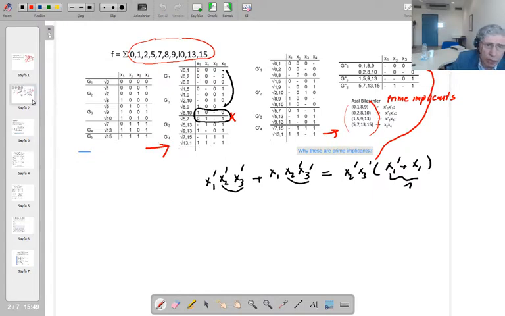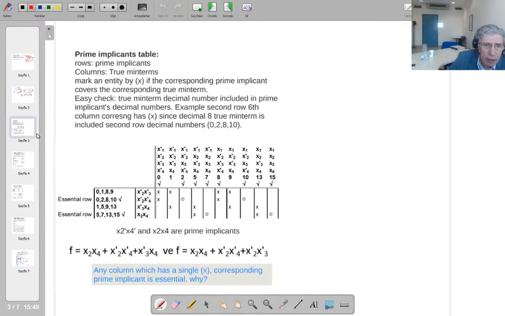Let's go a bit further now. So we found the prime implicants. How are we going to find the essential prime implicants? We said essential prime implicants must be in the minimal functions.